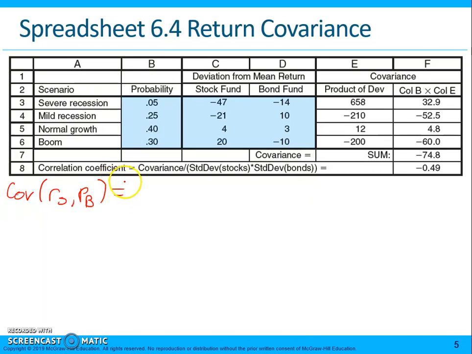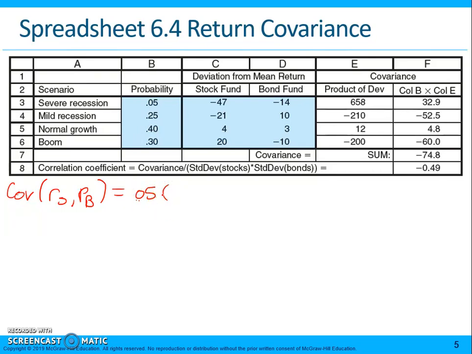So this covariance is similar to variance, but we're considering both portfolios. So take our probability, 0.05.